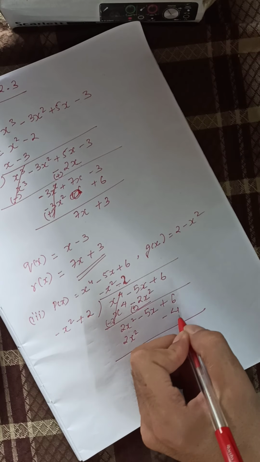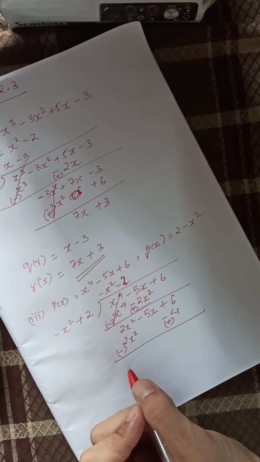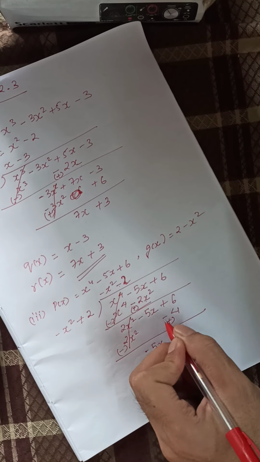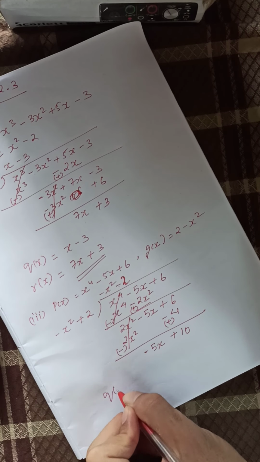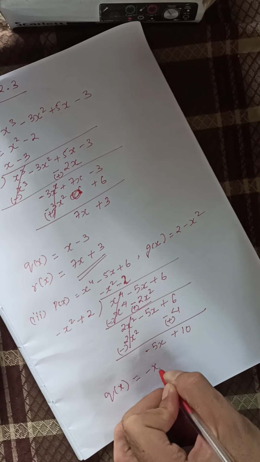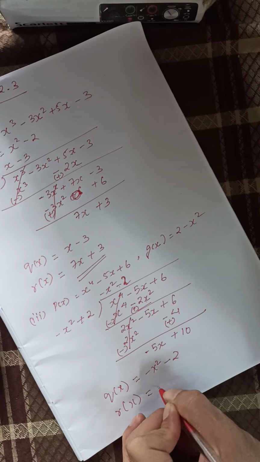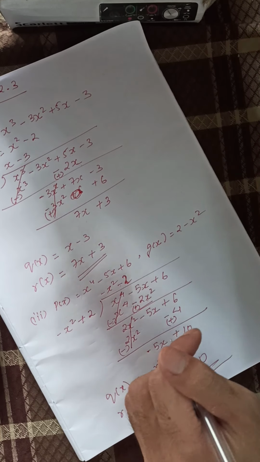Minus will become plus. Now this will get cancelled. Minus 5x plus 10. So here the quotient is minus x squared minus 2, and the remainder is minus 5x plus 10. That's how we do it.